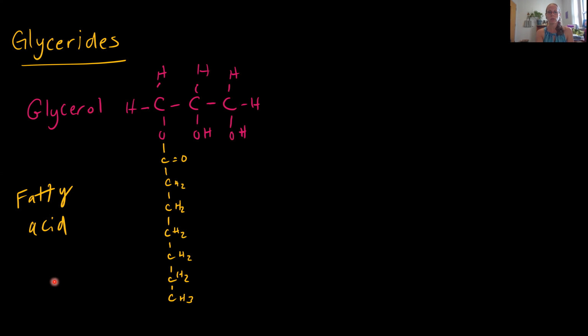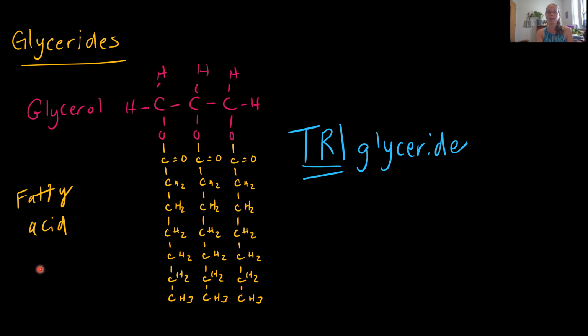Notice that there's room for additional fatty acids on this glycerol. So we have what we can call a triglyceride, which is something that you probably have heard before. This is listed on nutrient labels. So tri means 3. So in a triglyceride, you have 3 fatty acids, 1, 2, 3, paired to a glycerol.